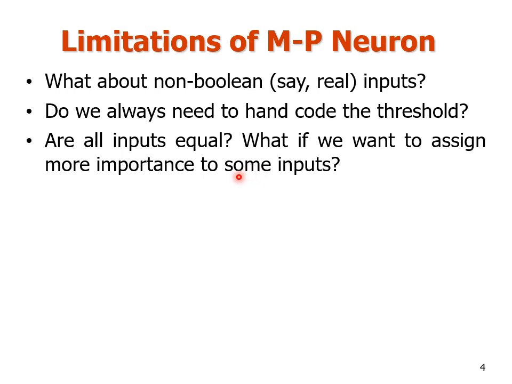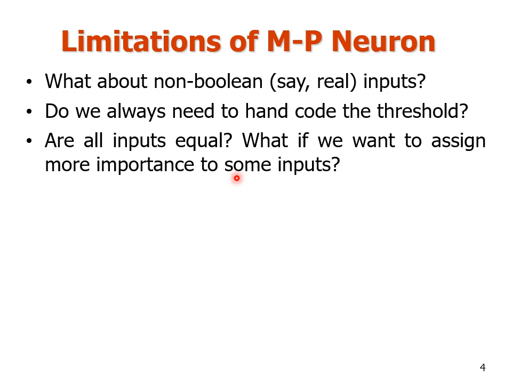For example, returning back to our movie example, if the feature, say, director X, only matters to decide whether to watch the movie or not, it should be given high weightage or importance.